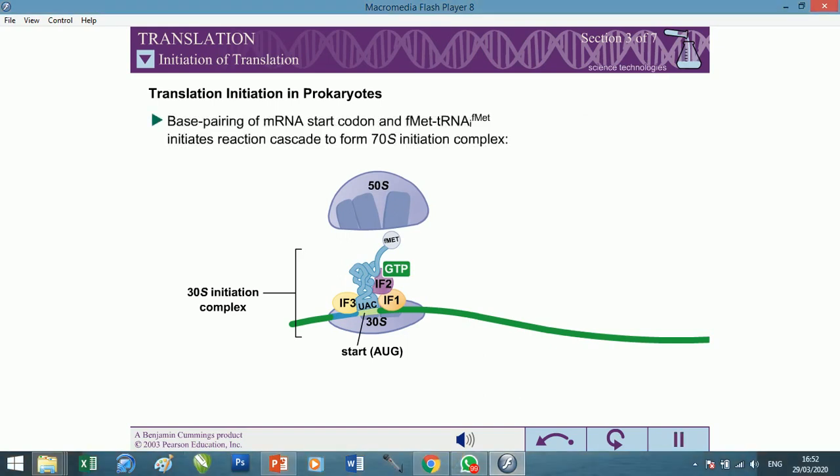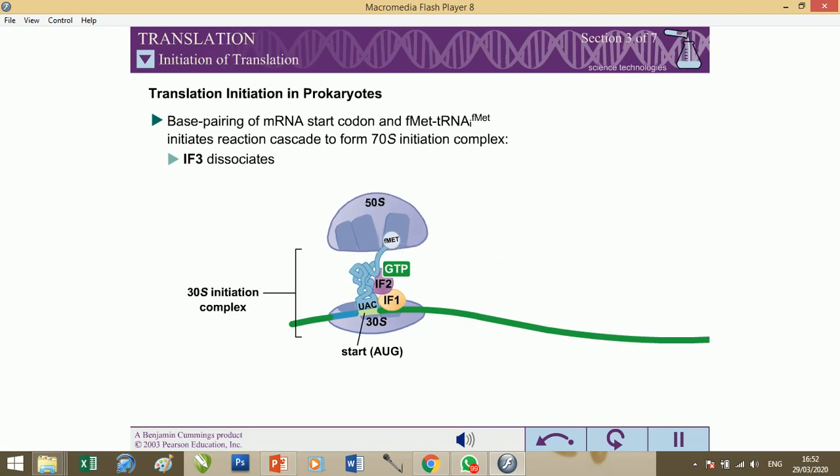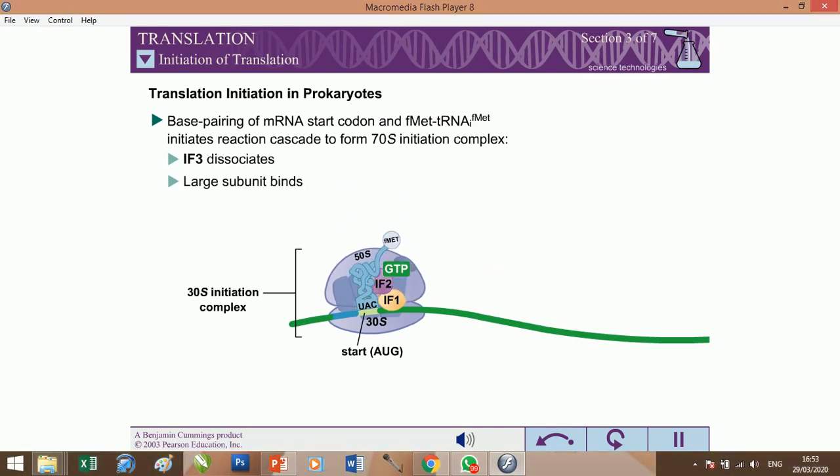The binding of the charged FMET tRNA to the small subunit initiates a sequence of events to form the 70S initiation complex. Once the FMET tRNA has bound the small subunit, IF3 falls off and is replaced by the large subunit, which completes the ribosome. Large subunit binding stimulates the GTPase activity of IF2.